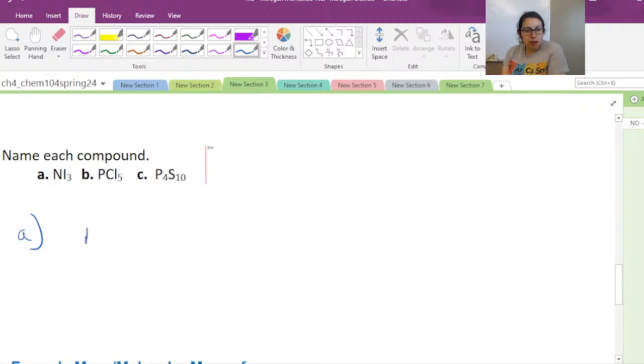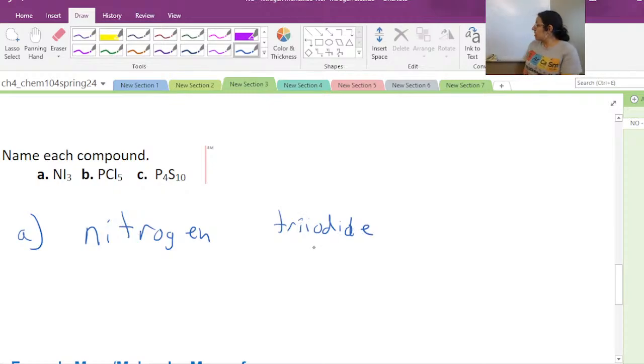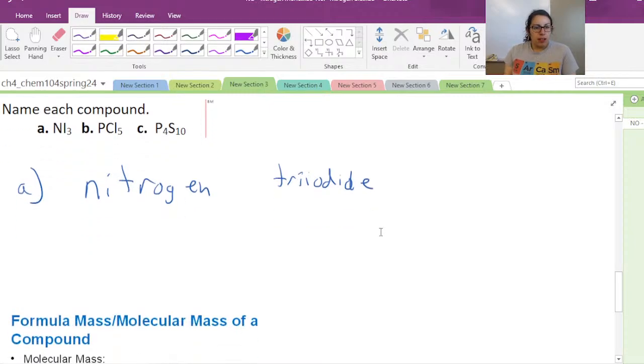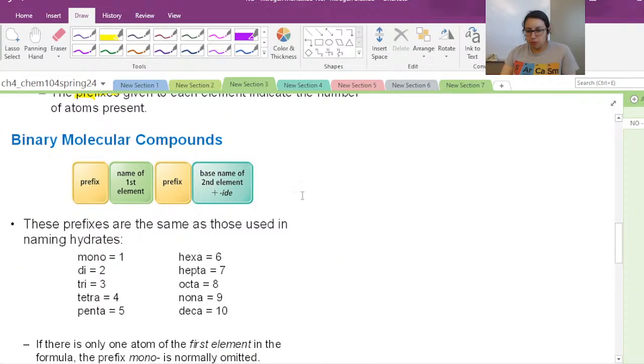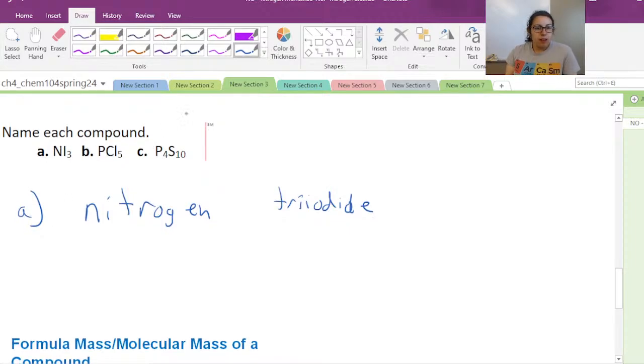So we can leave off the mono, but the rest is good. Then the nitrogen triiodide, and I think that one has 2, so iodide. So it ends up with 2 I's. Looks kind of funny. And then the ending is still "ide." So just remember that. What do we get for B?